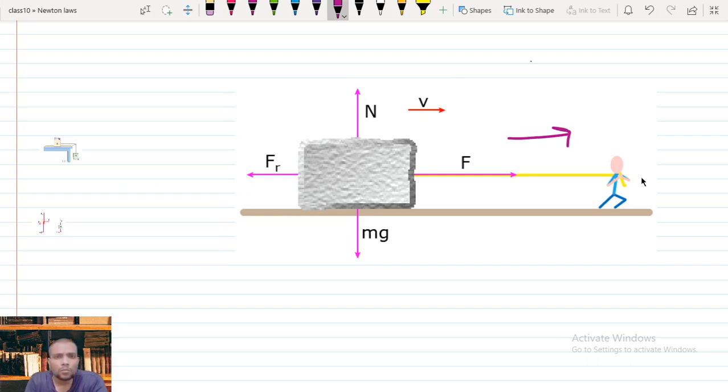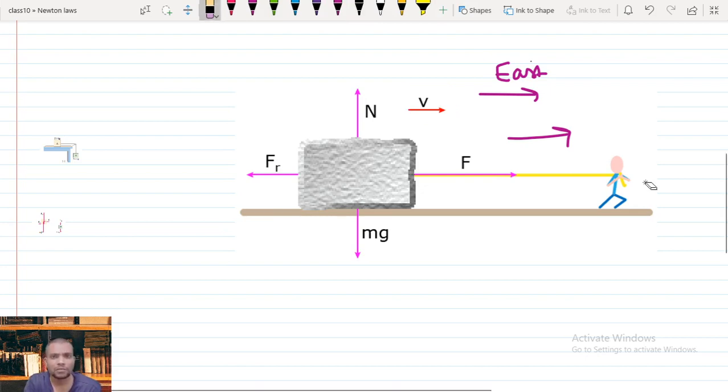Now the block is not at rest, it is moving forward. Here the velocity is represented. It means it is moving towards the east direction. Since it is moving towards the east direction, first let us try to draw the free body diagram.